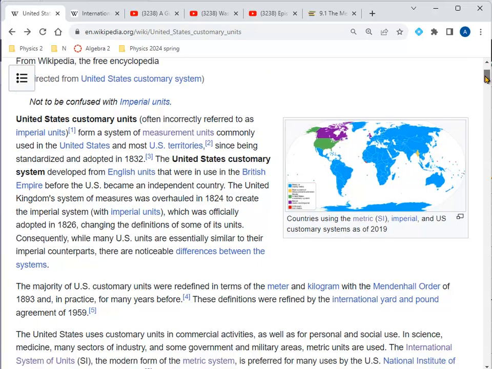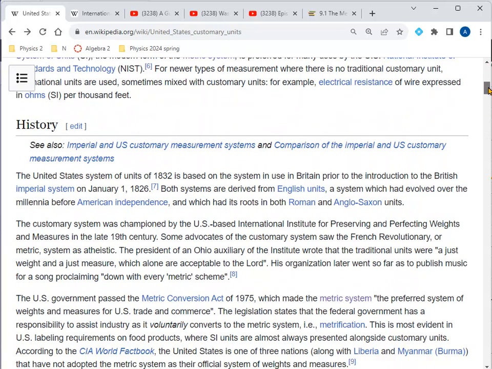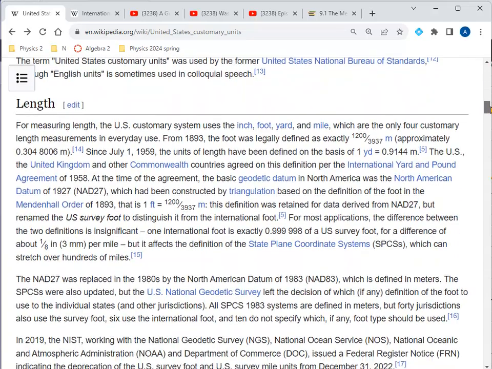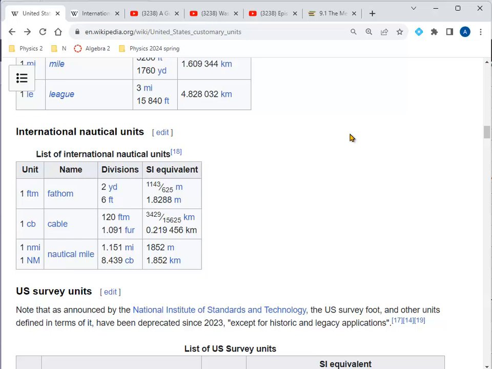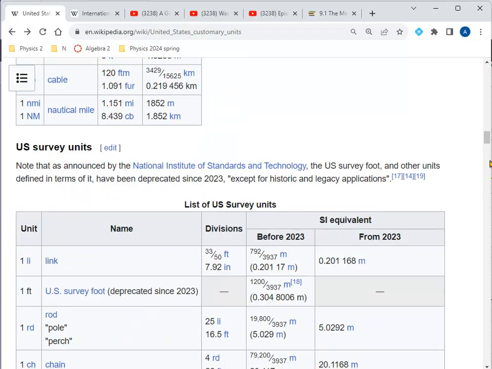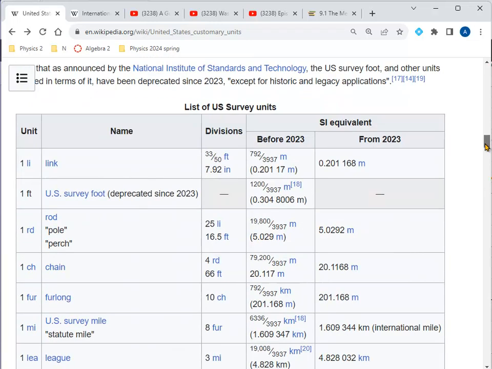All right, so remember that for the metric system, it's pretty much start with the base units and then get to the derived units. You have these in the American system as well. For example, here's the inch. And then somewhere you find here the pound or the slug actually.